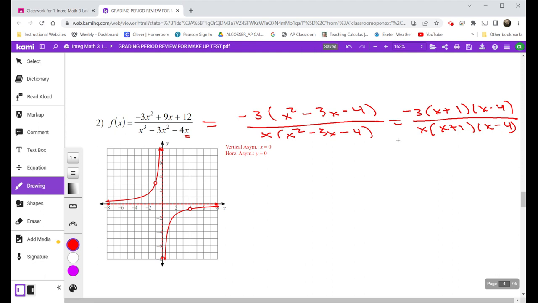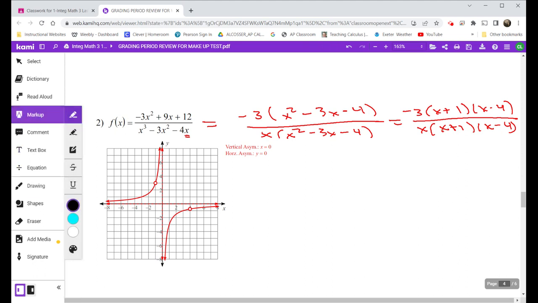So at the same time, what we notice here, let's go to highlighting, is these two are the same. So if I set that equal to 0, I get x equals negative 1. And that means at negative 1 on my graph, I got a hole in it.